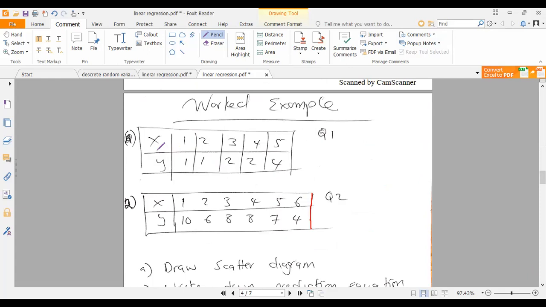So suppose we have the values of x and y. We have x as 1, 2, 3, 4, 5, and y as 1, 1, 2, 2, and 4. We are asked to draw what is called a scatter diagram.